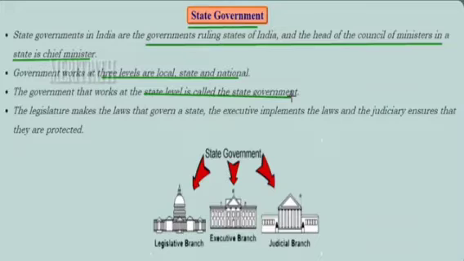The government which works at the state level is known as the state government. Here the legislature makes the laws which govern a state. The legislature decides the laws that will rule over a state, and the executive implements the laws, and the judiciary ensures that people and the state are protected. The judiciary means the lawyers, courts, judges, advocates, all these people together, including the state level high court.